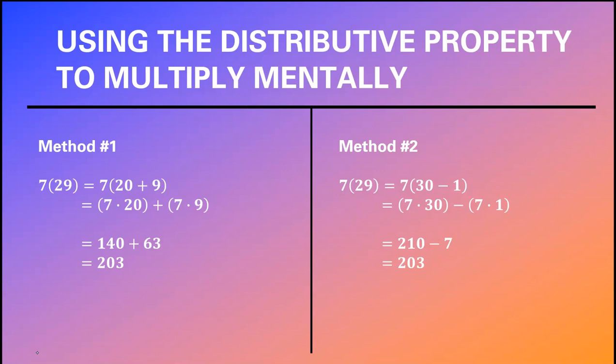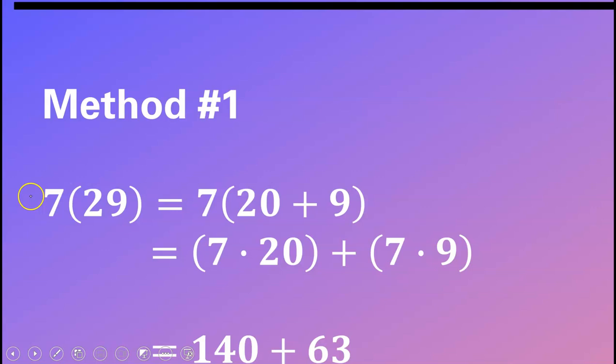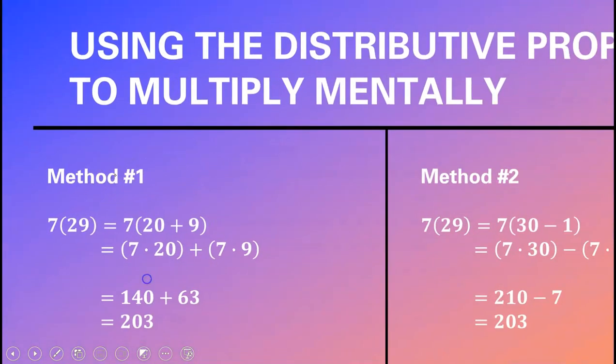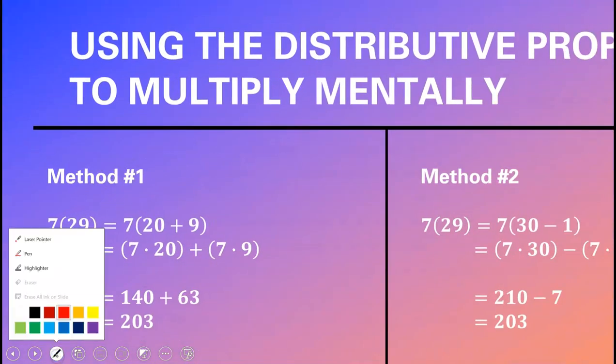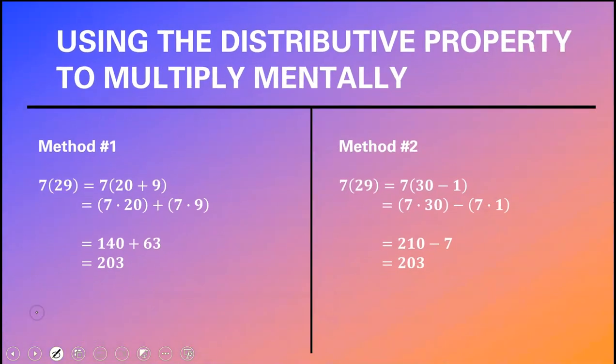and we're realizing something about the distributive property and how it can help us do math faster. So if I have, for example, this 7 times 29, okay, and I want to do this fast, I can think of this as 7 times 20 plus 7 times 9.